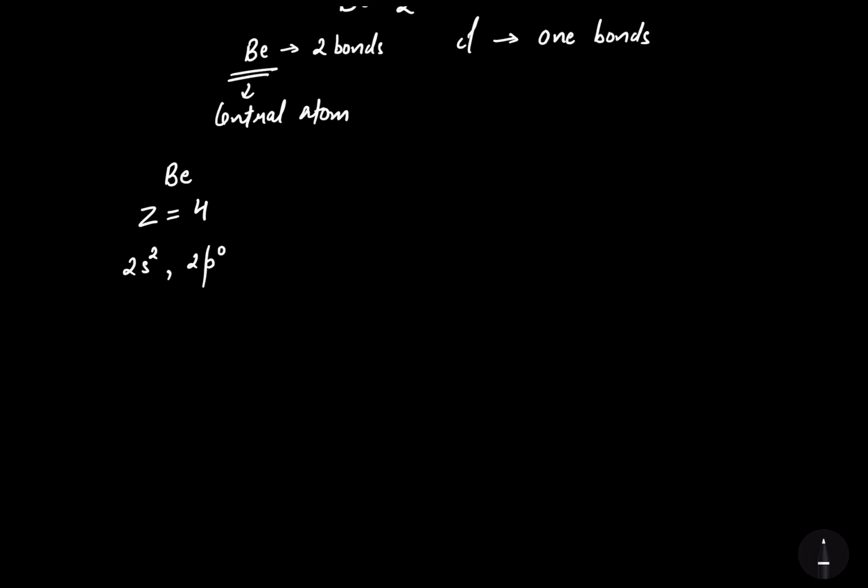Now the 2s subshell will have one orbital, that's 2s, and the 2p subshell will have three degenerate orbitals. What are degenerate orbitals? The orbitals having equal energies. So that's 2px, that's 2py, and that's 2pz.